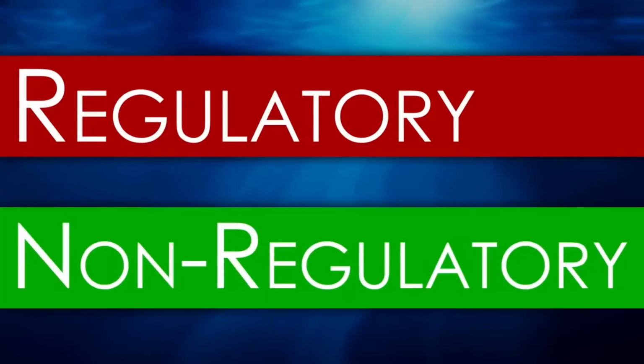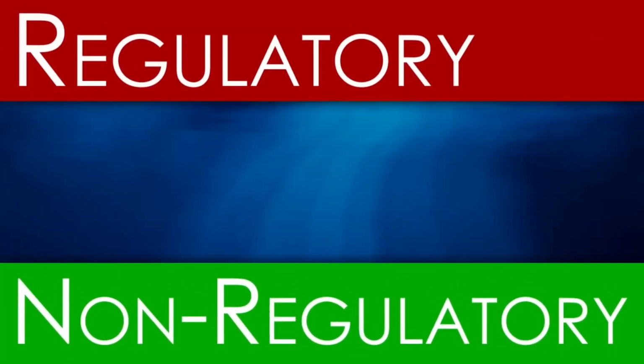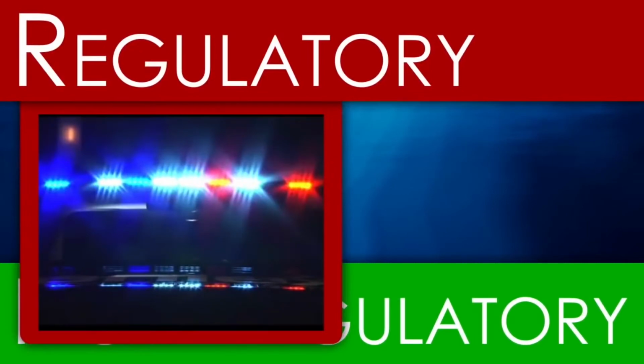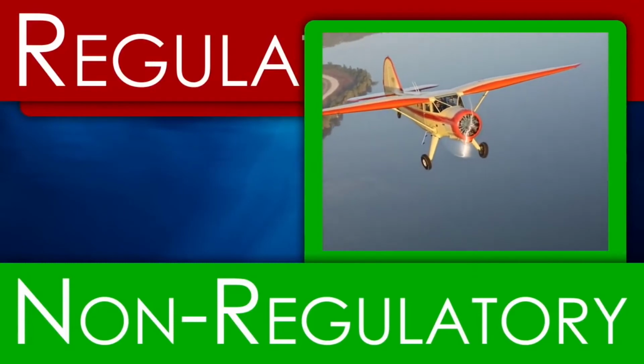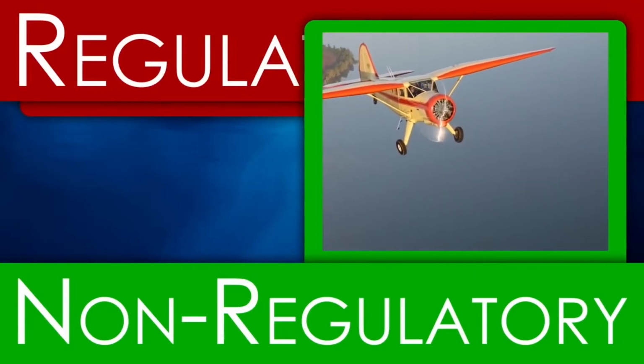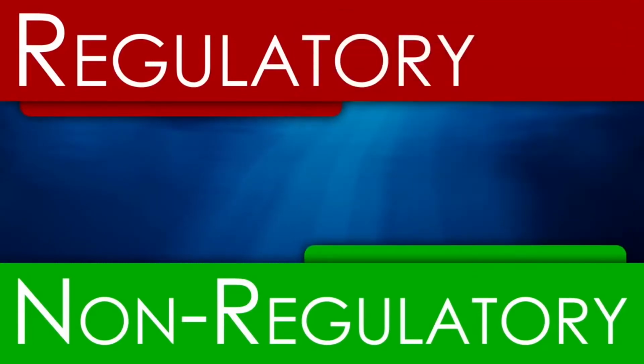There are two categories of airspace or airspace areas: regulatory and non-regulatory. Regulatory airspace has a set of specific regulations that govern that area, whereas non-regulatory airspace is just used to advise or warn pilots of the operations that are conducted within the airspace.